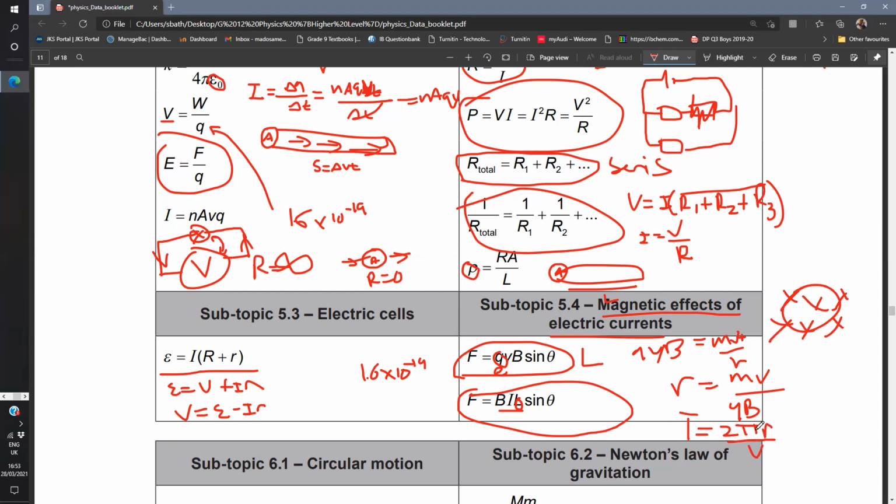Time is equal to the distance over v, so we substitute that for r: 2 pi times mv over qB, all over v. The v and v cancel, so we're left with 2 pi m over qB, and this will be helpful for finding the time it takes, basically.